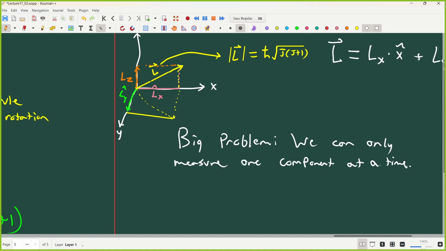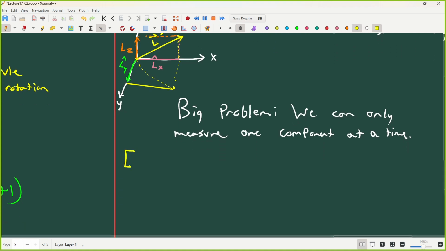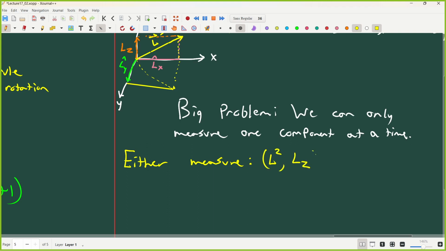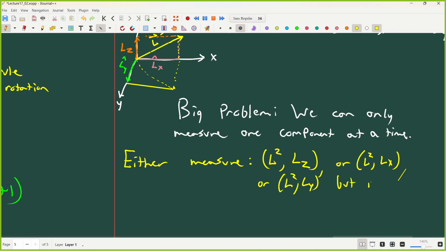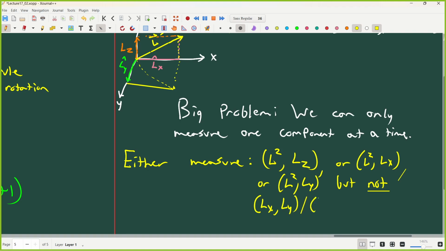So we can either measure, and I can't prove this yet, we'll prove it next class, L squared and Lz together, or L squared and Lx together, or L squared and Ly together, but not Lx and Ly, or any combination of the directions.